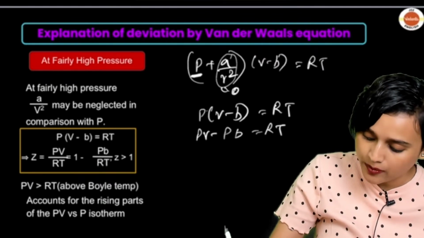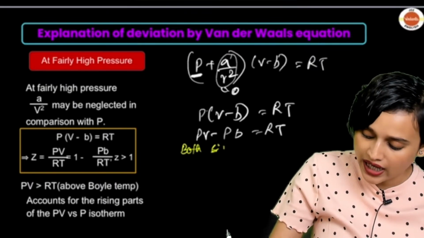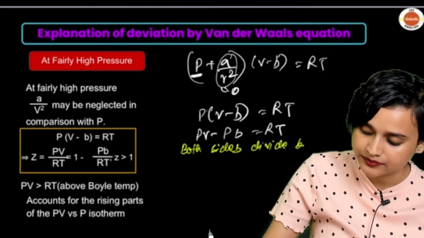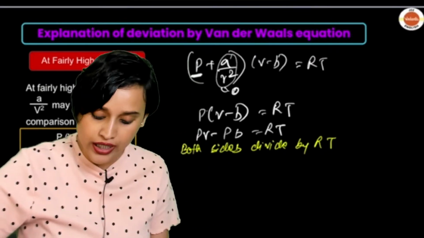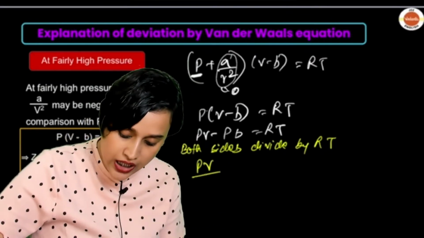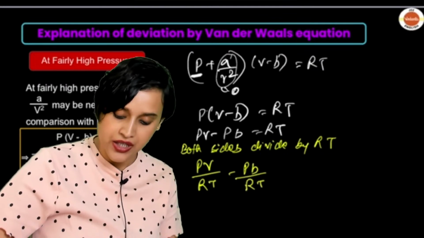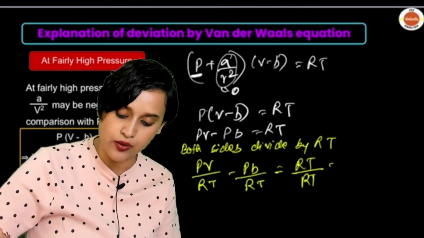Now divide both sides by RT. What will you get? PV by RT minus Pb by RT is equal to RT by RT, which is equal to 1.